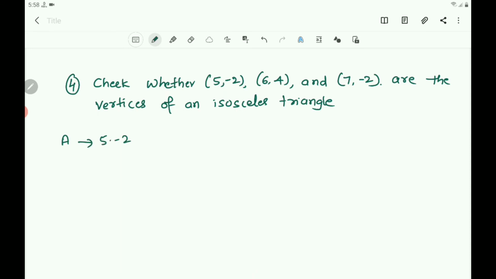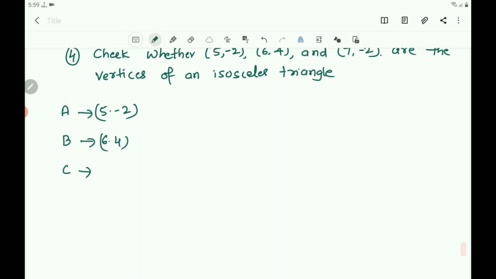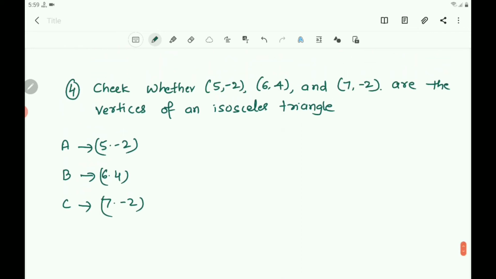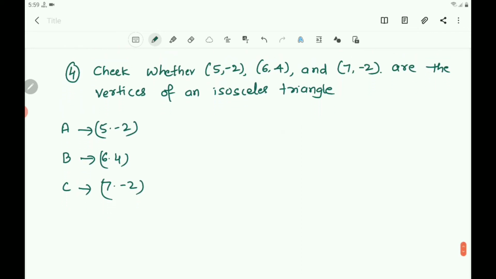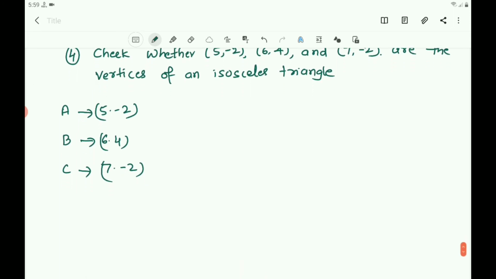You can take PQR also. B is a point of vertices 6, 4, and C is a point of vertices 7, minus 2. Then find AB, BC and CA and verify whether two values are equal or not.